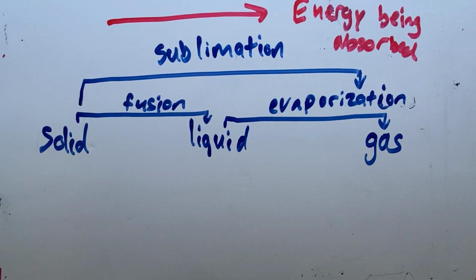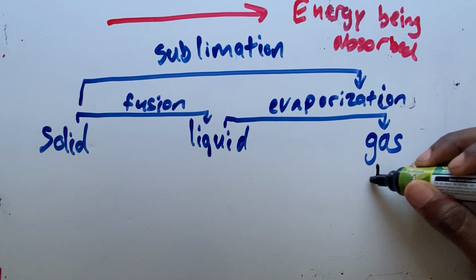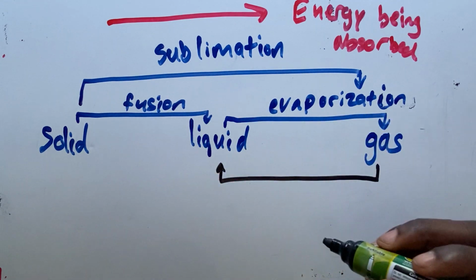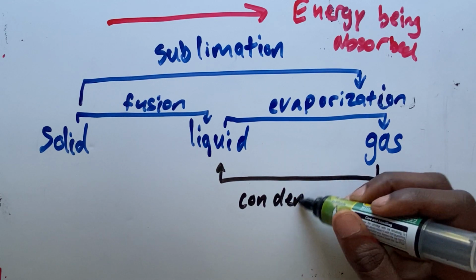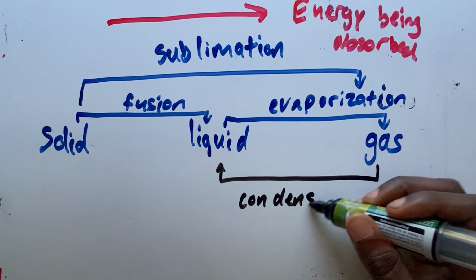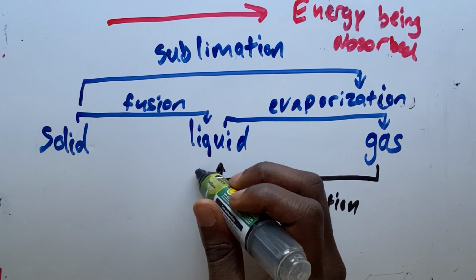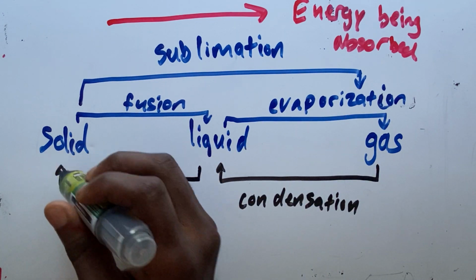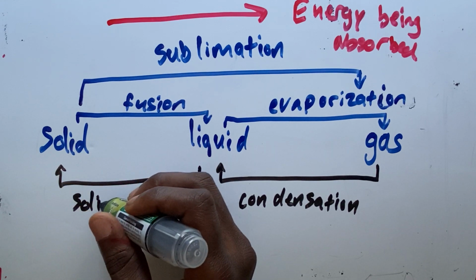I'm going to use black. If we go from gas to a liquid, we call that condensation. And then if we go from a liquid to a solid, we call that solidification.